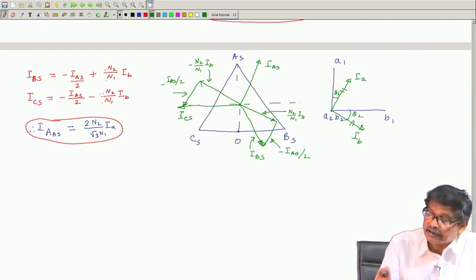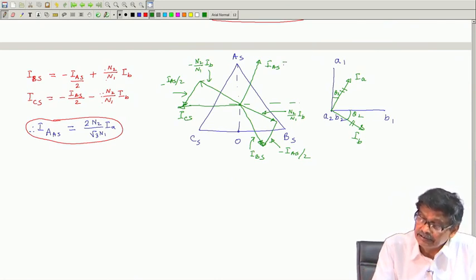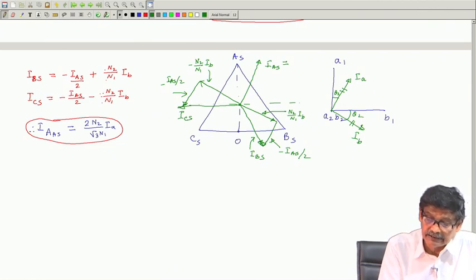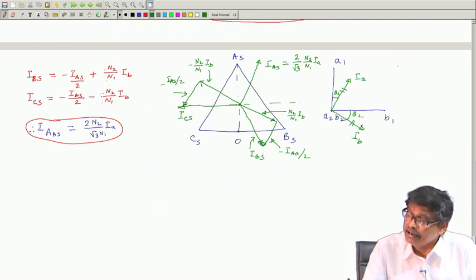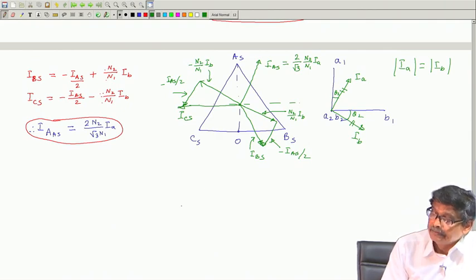So, the reflected current, and mind you what is IAS? IAS is 2 by root 3 into N 2 by N 1 into IA, and mind you magnitude of small IA and magnitude of small IB, they are same, you know.